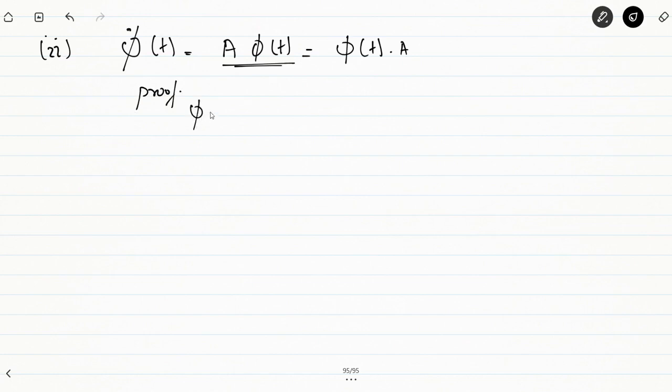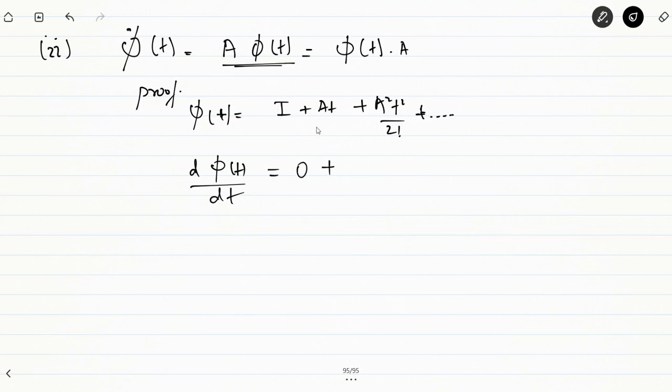Again you have phi t equal to I plus at plus a square t square divided by 2 factorial plus so on. If you differentiate this d by dt of this, since I is a constant, इसका differential 0 होगा. A into t, a is a constant, t का differential 1 होगा.